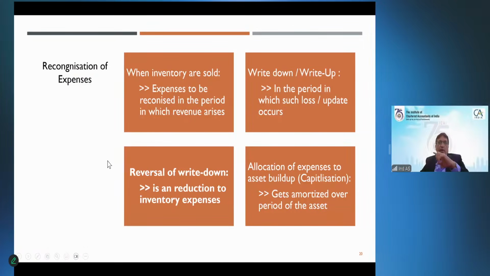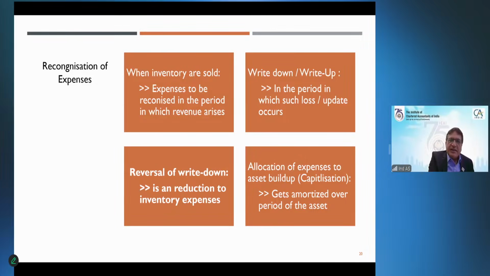Now, the way the standard is designed, how to recognize the expenses of inventory. By this, what we mean is simply that whatever the difference in inventory closing and opening, it will go to the profit and loss account. So it doesn't affect our basic principle and the process by which we make a profit and loss account.